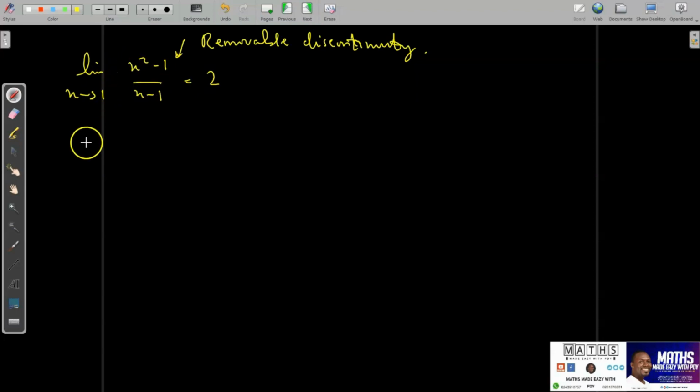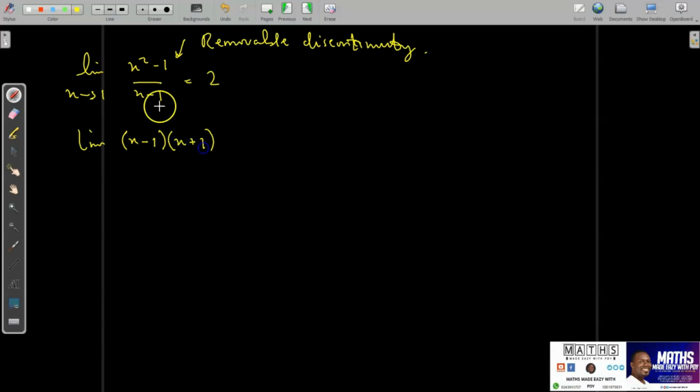So it means we having x squared minus 1 all over x minus 1, we can equally write it as the limit of x squared minus 1 in factor form. What do we have? What's the factor for x squared minus 1? x minus 1 times x plus 1.